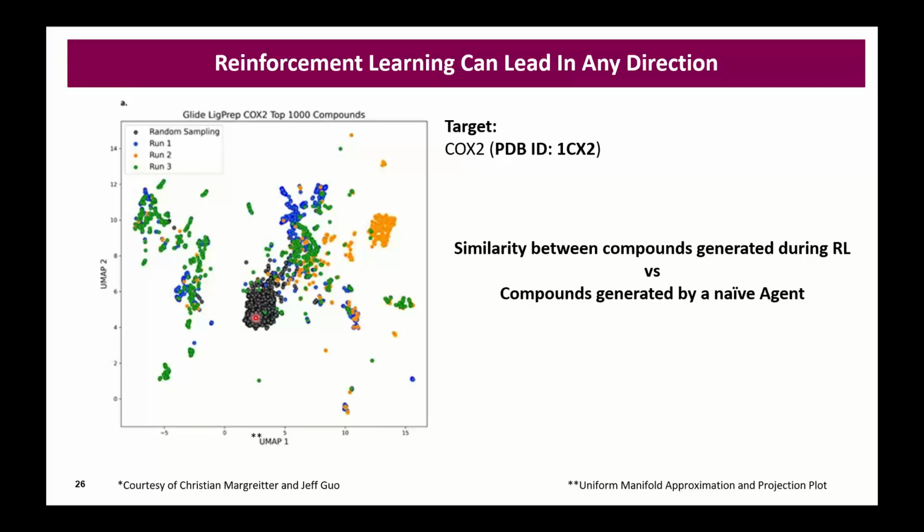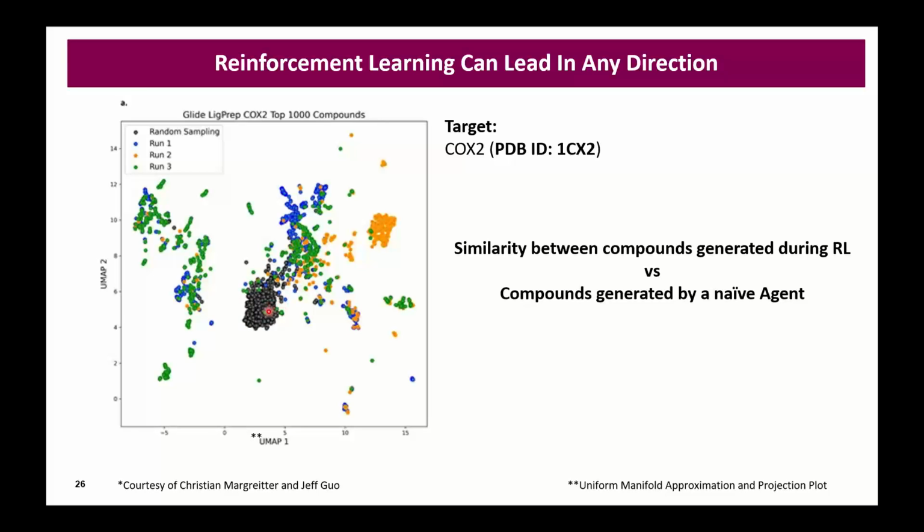If you look at these black dots, this is a UMAP plot. The black dots represent compounds generated by the untrained prior state of the generative model. It's random, but still clustered in some way.